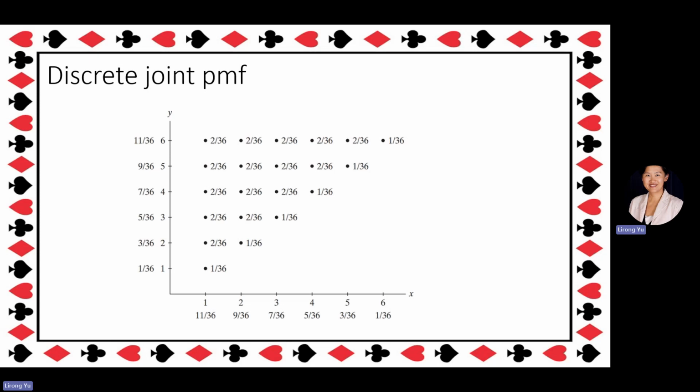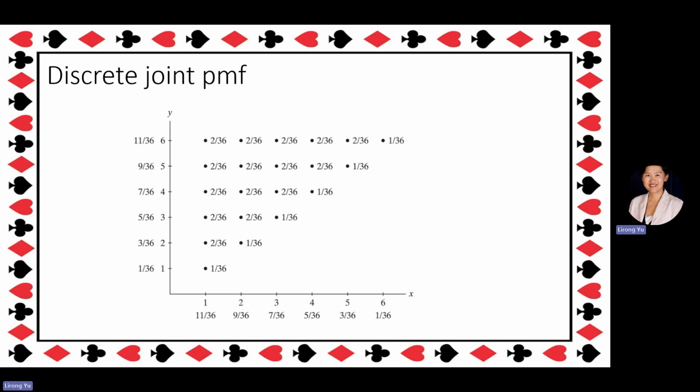In this picture, we can add up the entire row, have this probability of 2, 2, 2, 2, 2, and there's 1. So that was 10 plus 1, 11 over 36. 11 over 36 is the probability that the smaller one, x, equals 1. So you add this column, it's 9/36. 9/36 is the probability that x equals 2.